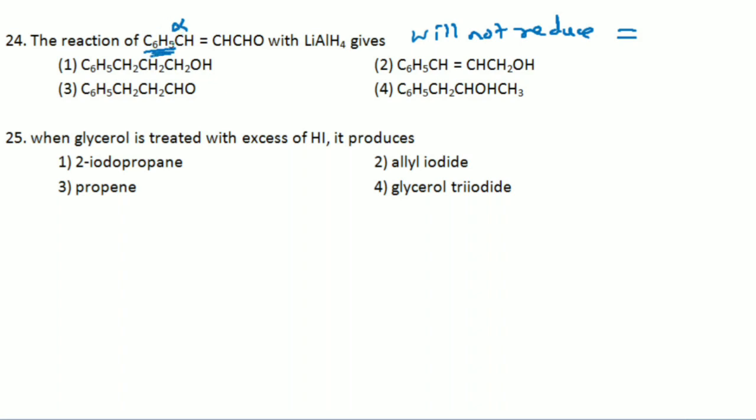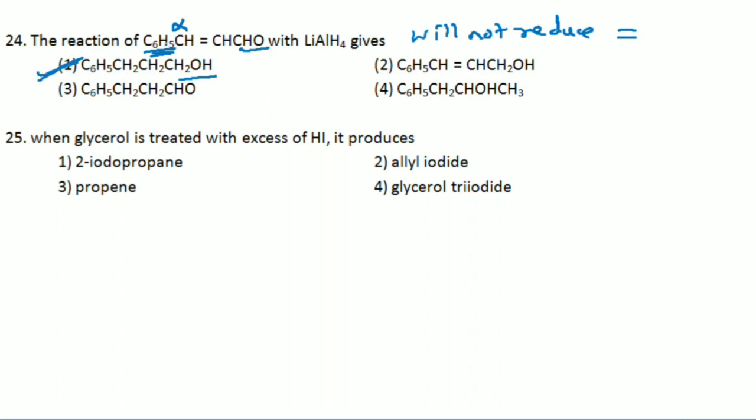If the alpha carbon is attached to a benzene ring, then definitely this double bond is also reduced by LiAlH4. Because of that reason, CHO is reduced to CH2OH, no doubt, but the double bond is also reduced to CH2, so the answer for this question is 1.